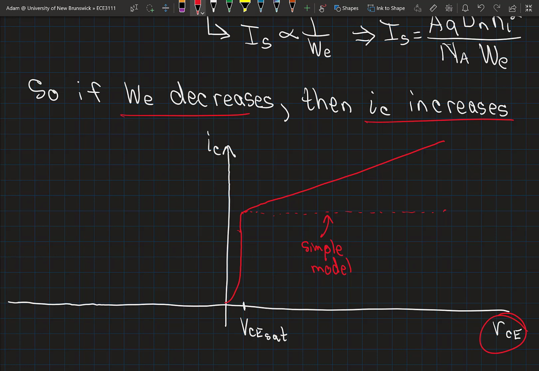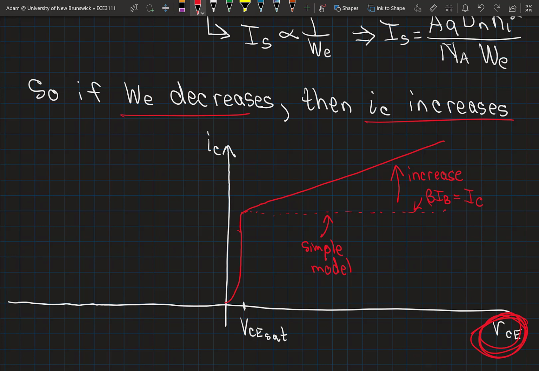And I'll remind you again that this curve is a function of beta times our bias current, or in fact it's our collector current at a specific bias. But again, we see that the effect is such that this current increases with increases in collector to emitter voltage, with increases in reverse bias.